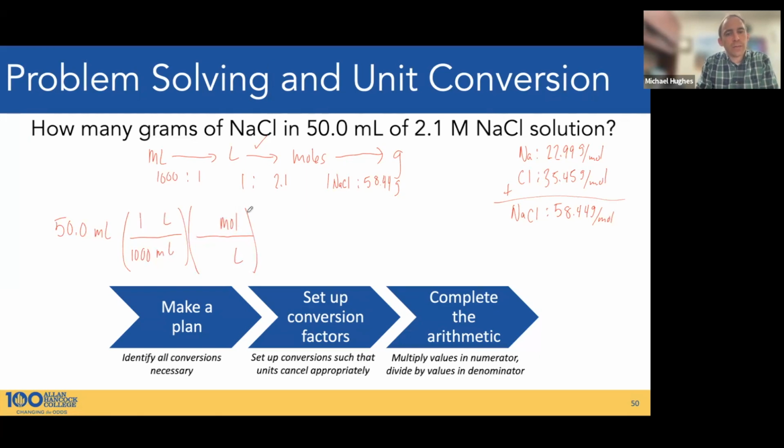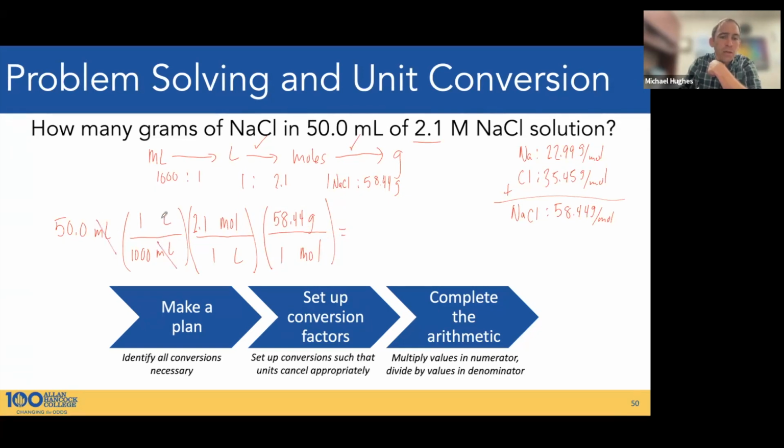Chemists always work in moles, and we know for this solution, there's 2.1 moles for every 1 liter. And then using our molar mass, our second pass-through, we know that in every 1 mole of sodium chloride, there's 58.44 grams.